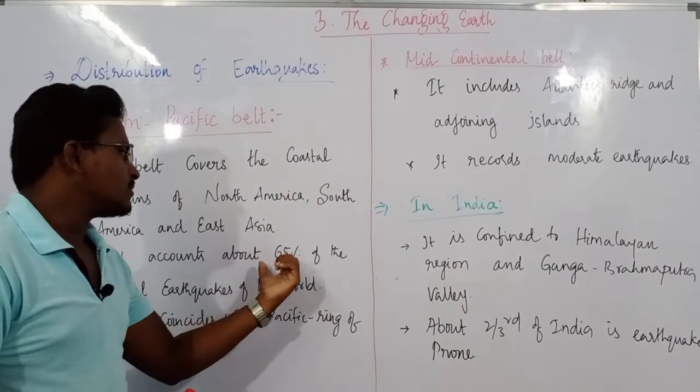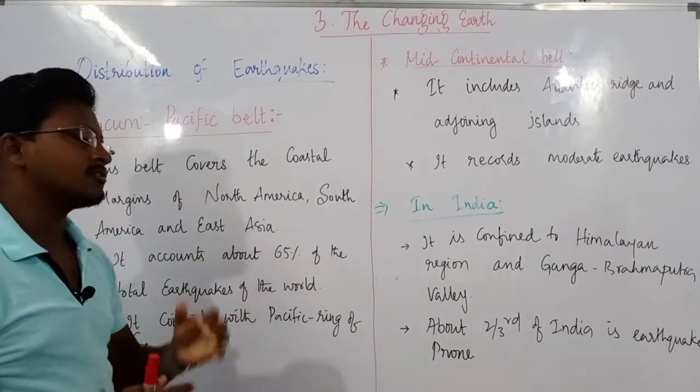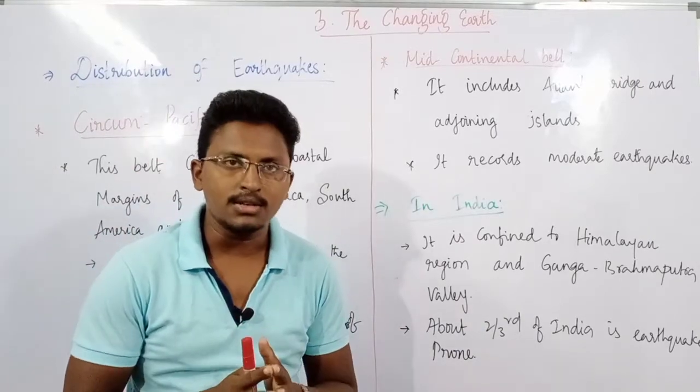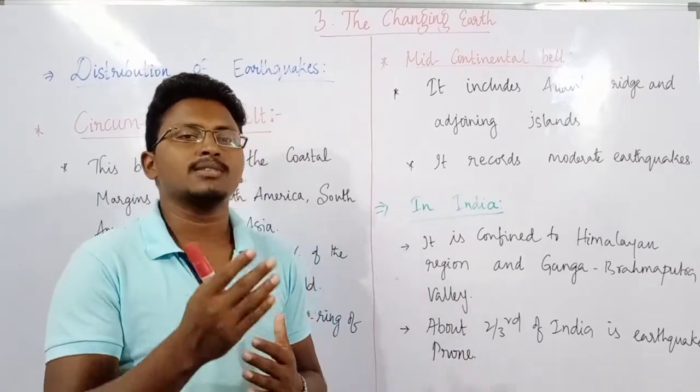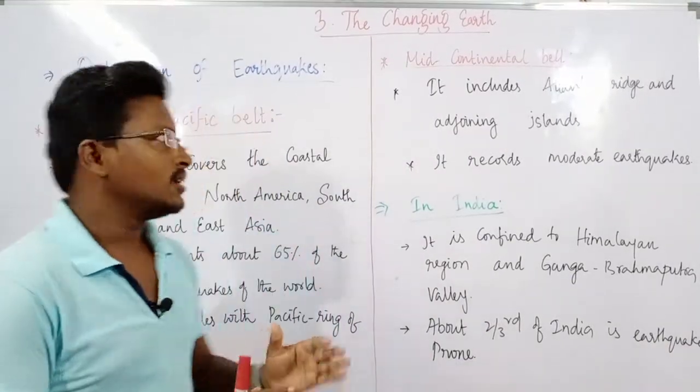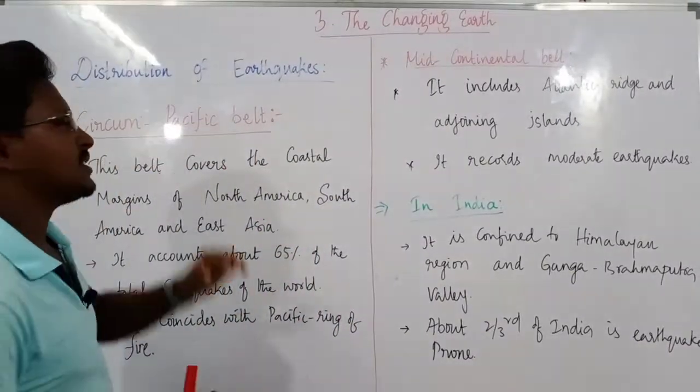It accounts for almost 65% of the total earthquakes of the world. That means out of the total earthquakes that occur on this earth, more than 50%, almost 65%, occur in this particular belt.